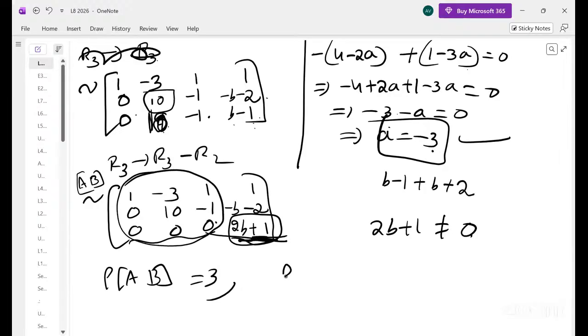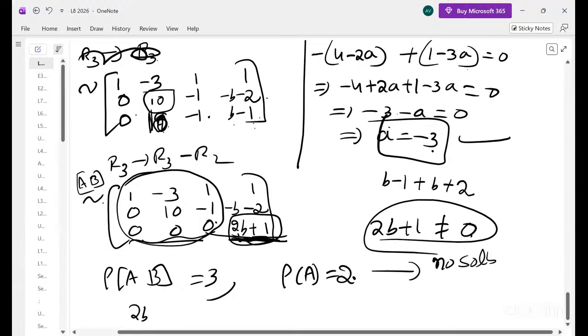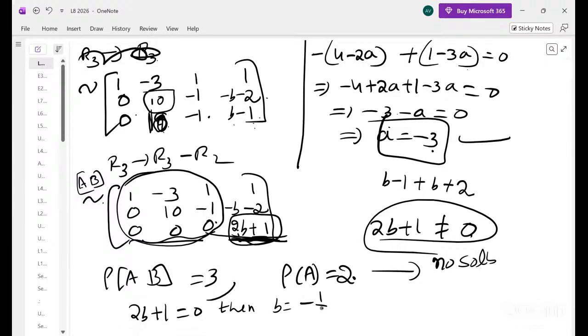The rank of A is 2. It becomes a no-solution case if it is not 0. So the rank of A is 2, so this also must be 2. When is it going to be 2? Only when this is 0. So 2B plus 1 is equal to 0, then B equal to minus 1 by 2.